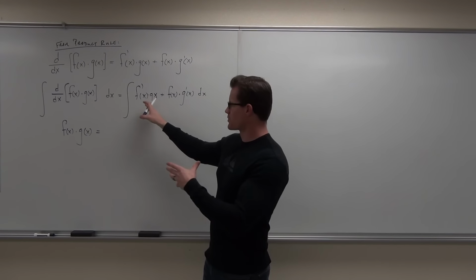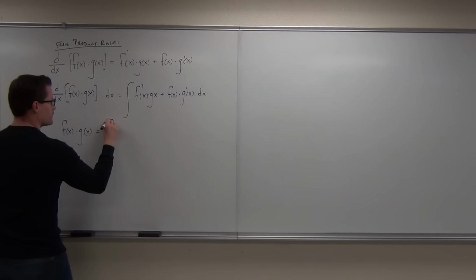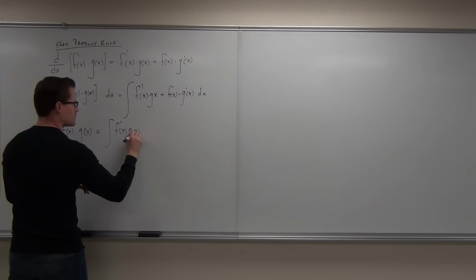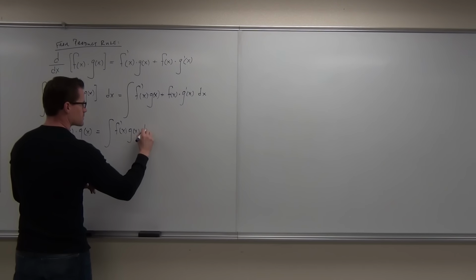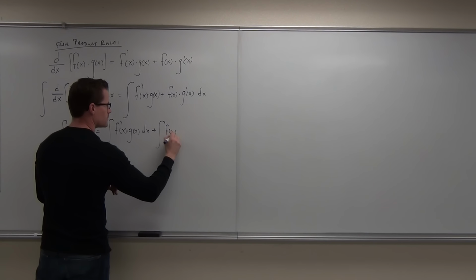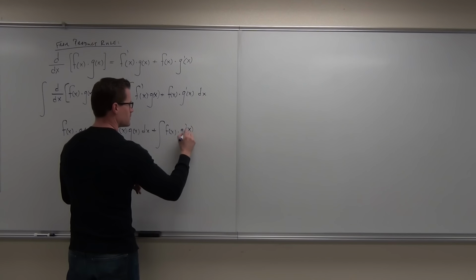Notice that with integrals, you can separate by addition or subtraction. So, I'm going to have the integral of f prime of x, g of x, dx, plus the integral of f of x times g prime of x, dx.